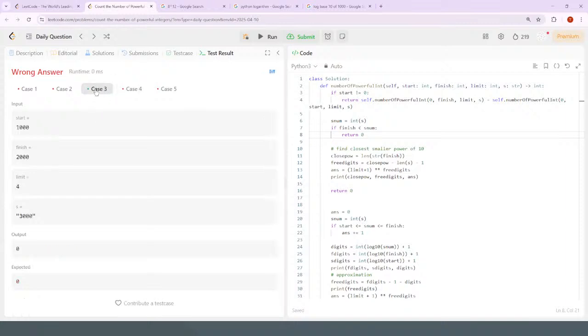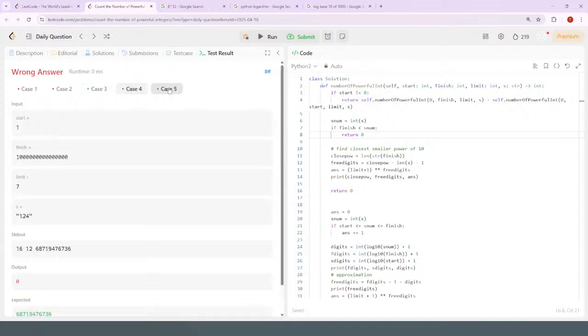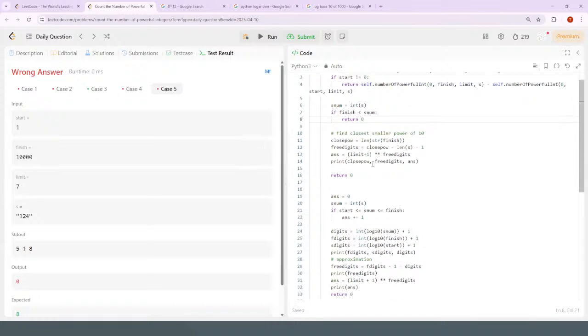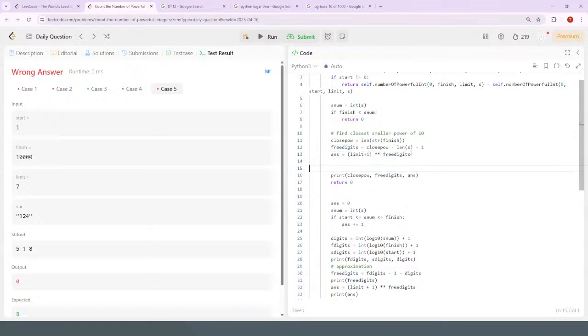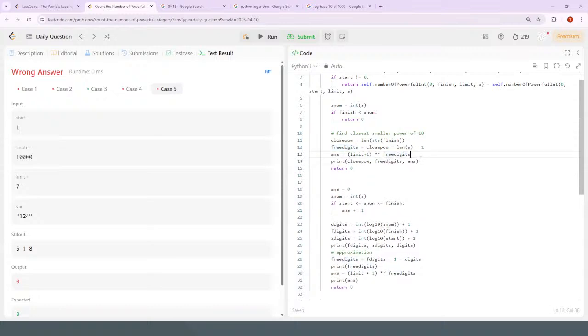Okay, so that's good. Alright, and now it's just a matter, I think, of handling the number of values between the power of 10 and the actual finish.